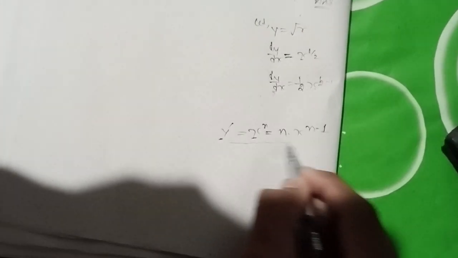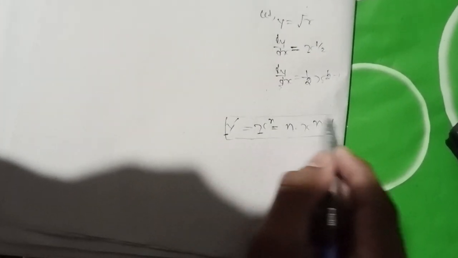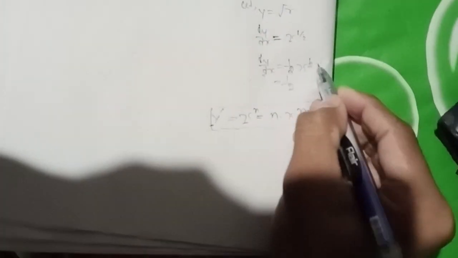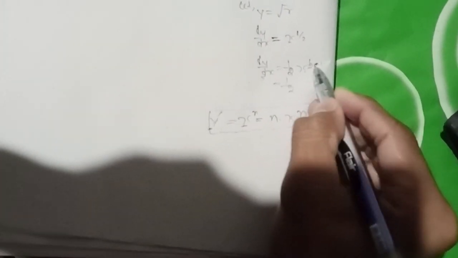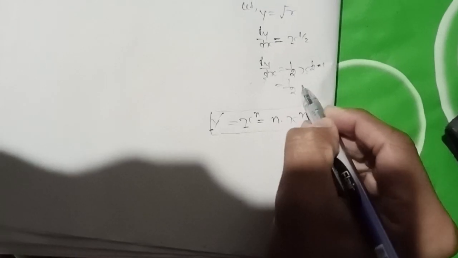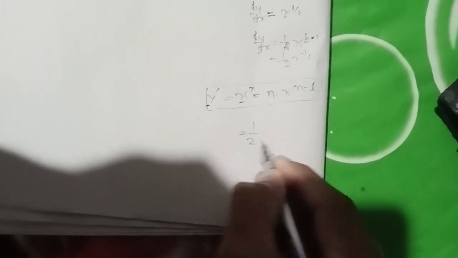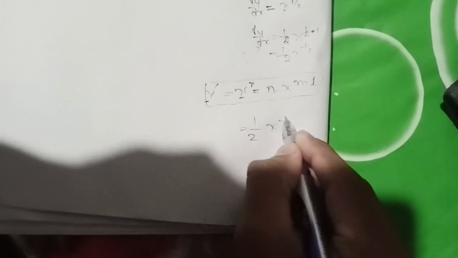This is the formula which you need to keep in your mind. So 1 by 2, and when you subtract 1 from half, we get x to the power minus 1 by 2. Yes or no?